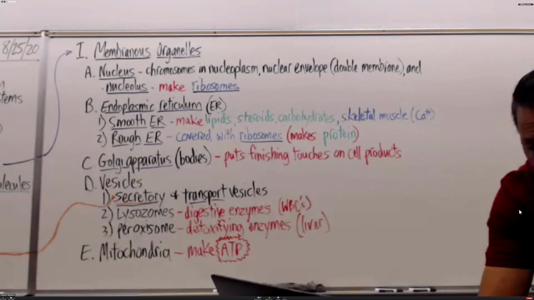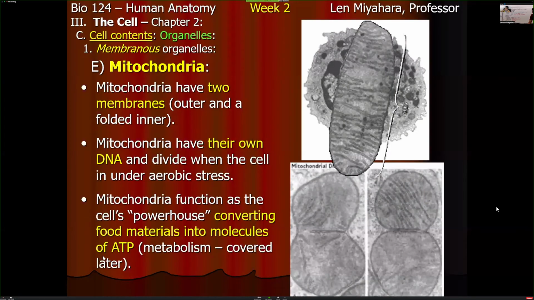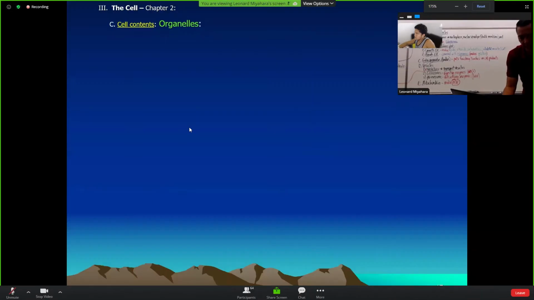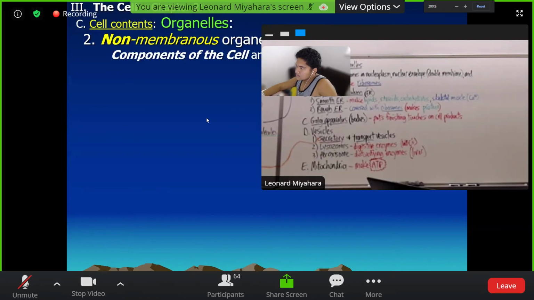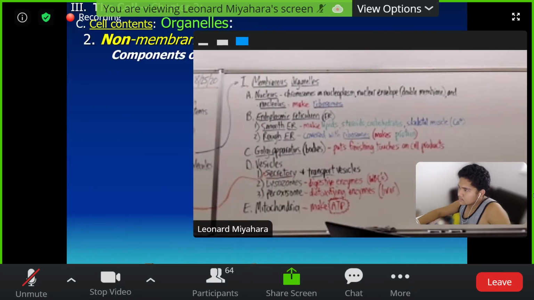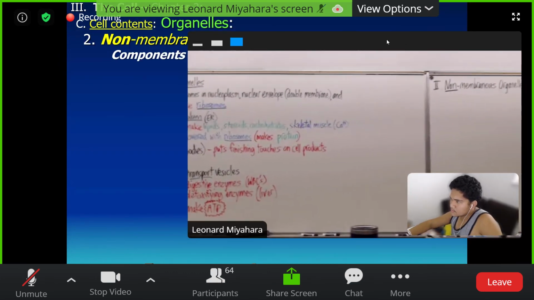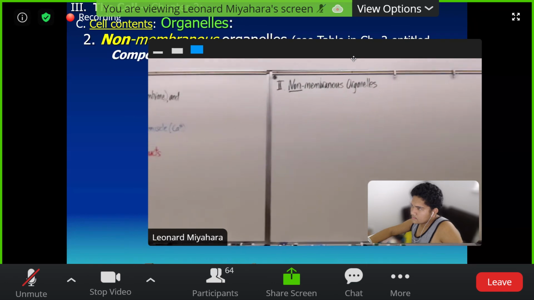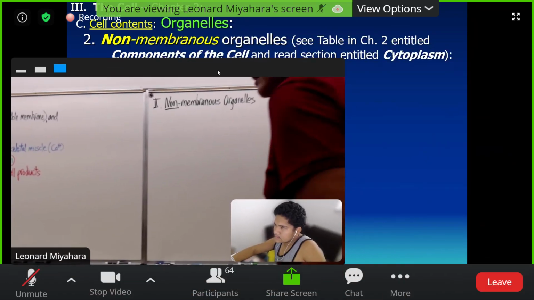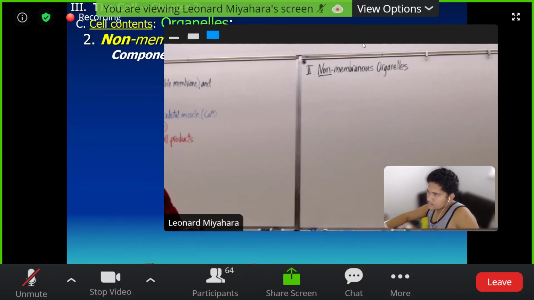And then we're just going to start non-membranous organelles. Okay, so these are organelles that are not bound or dominated by phospholipid bilayers. And the first one is the ribosome.